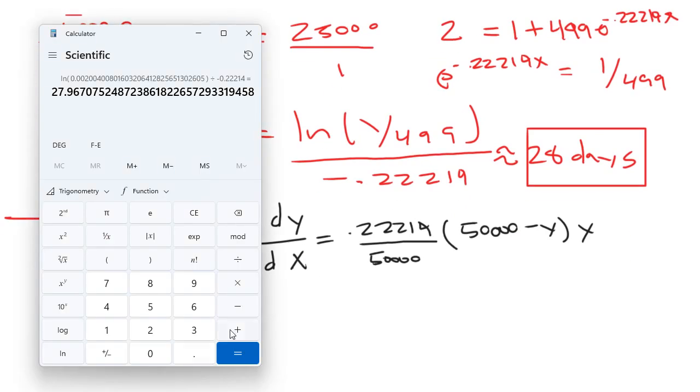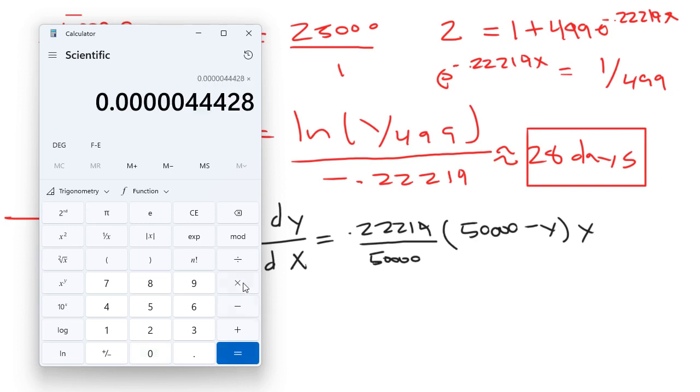You could just take 0.22214, divide this by 50,000, and multiply that by how many are exactly sick, so that's half, so times 25,000. But then you multiply this by another 25,000 basically.